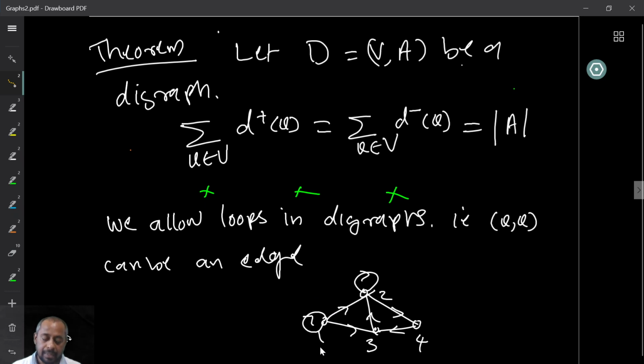Similarly, we have a loop at vertex 2 in this graph, but there are no loops on 3 and 4. This is often very useful in digraphs, so we will allow that. Of course, we will look at many digraphs without loops, and we will usually try to be clear when we are using them.